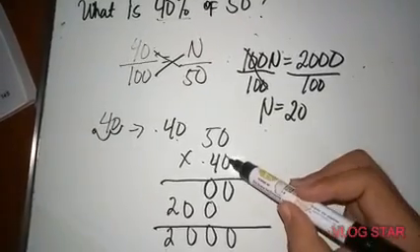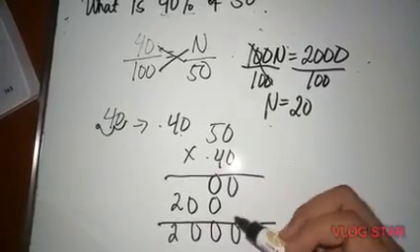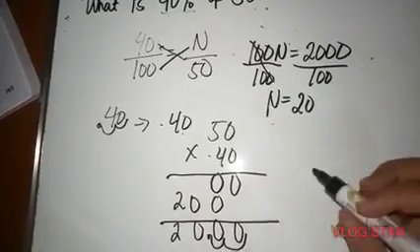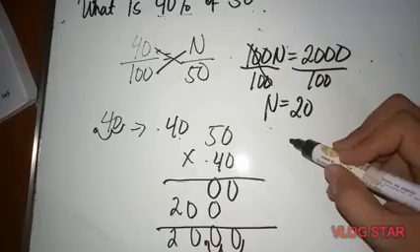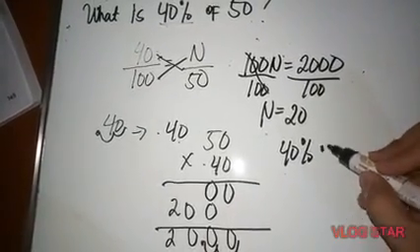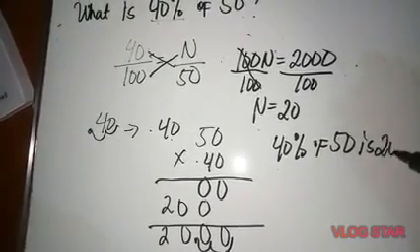Then after that, count the decimal point. 1, 2. So just move 1, 2. Making it the 40% of 50 is 20.